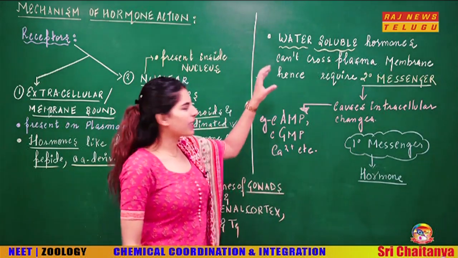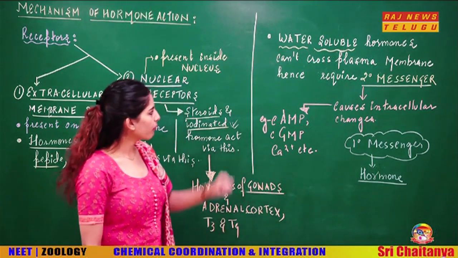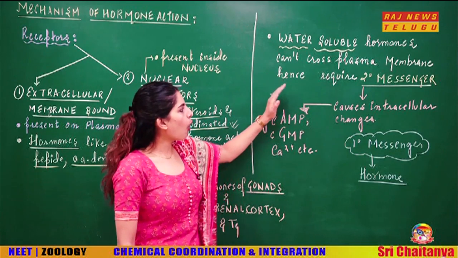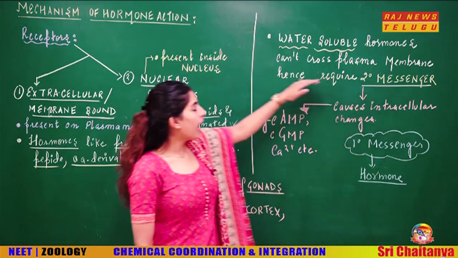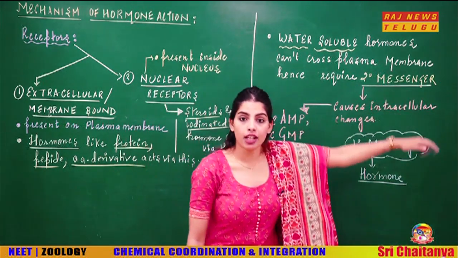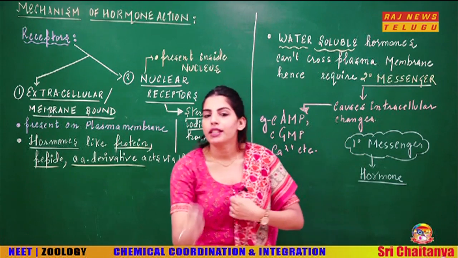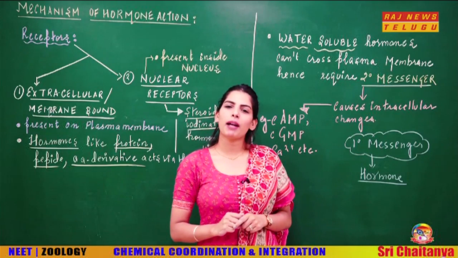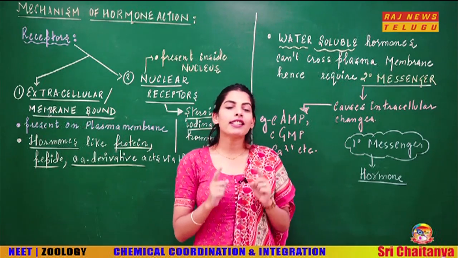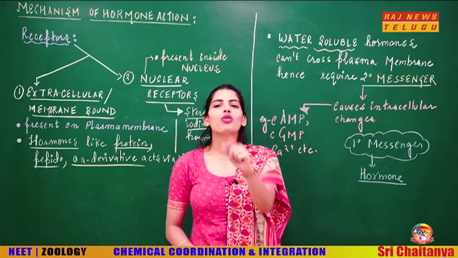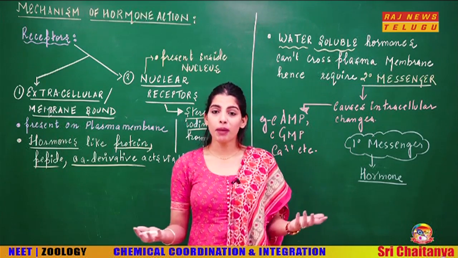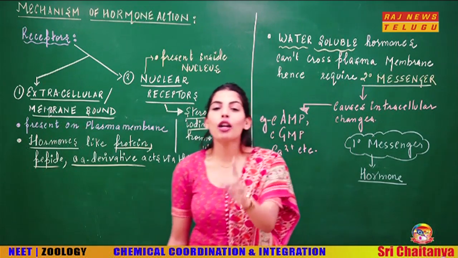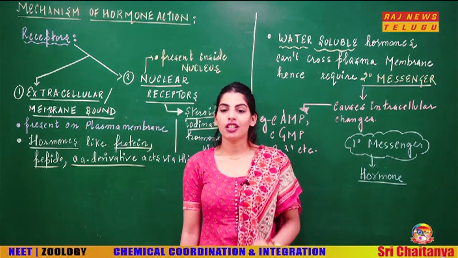Now going to start with some of the basic information. I've written over here that the water-soluble hormones cannot cross the plasma membrane, hence require a secondary messenger. Before knowing the secondary messenger, what is a primary messenger though? The hormone acts as a primary messenger.